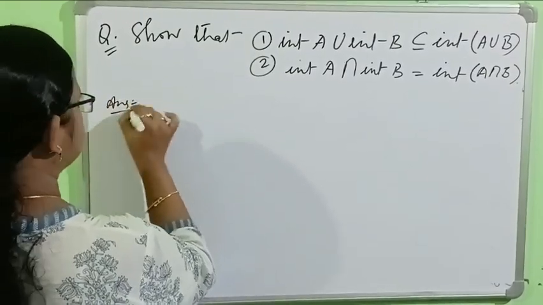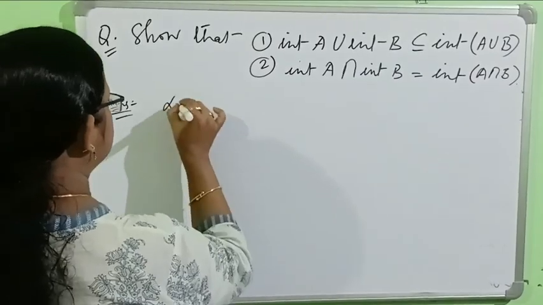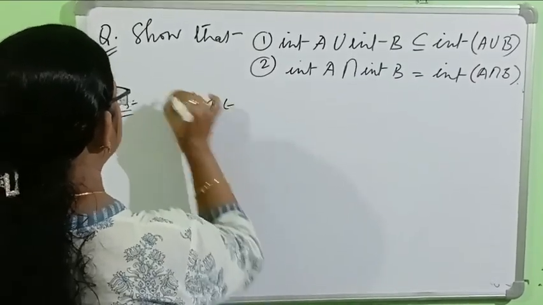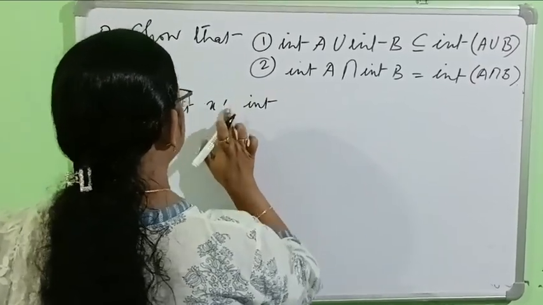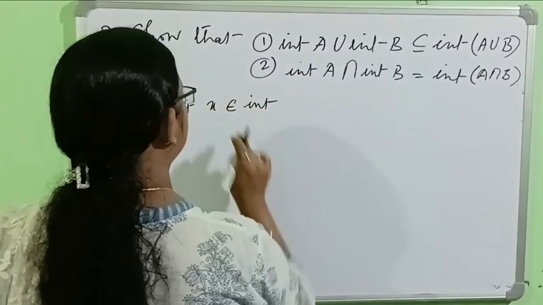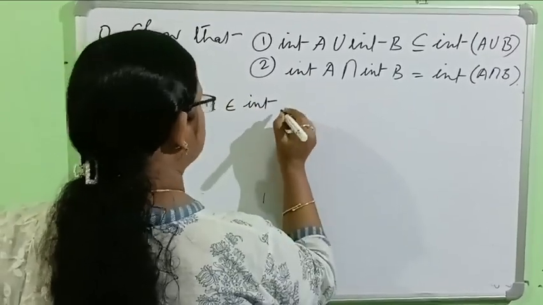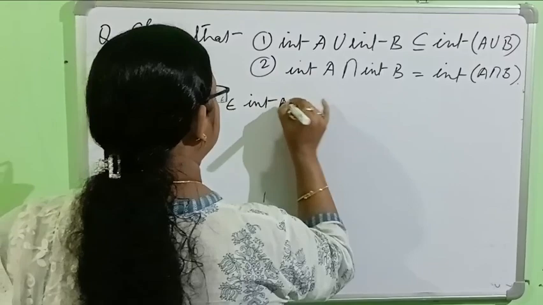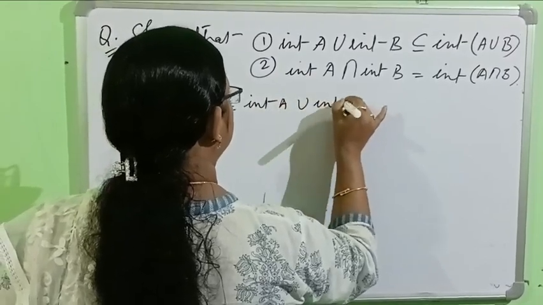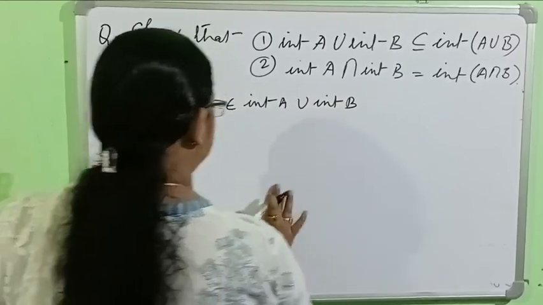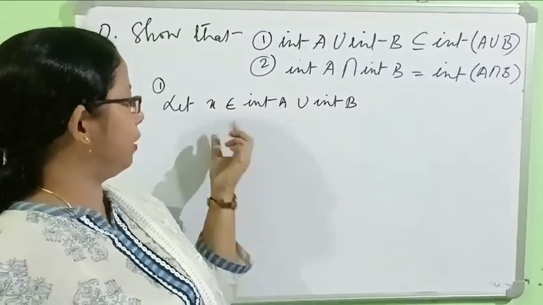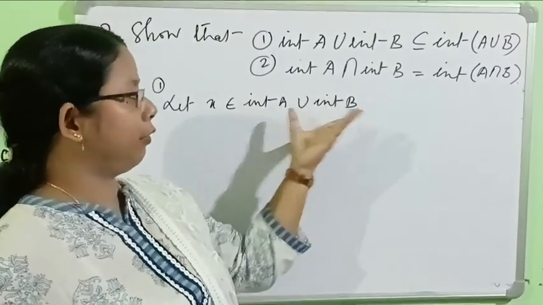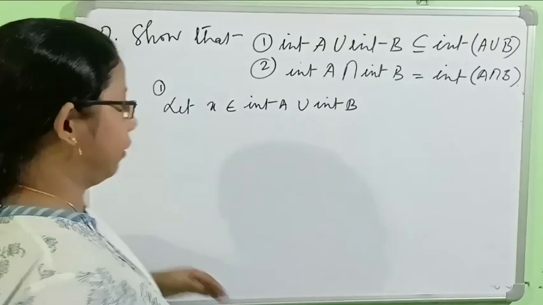Solution. First one: let x belong to interior of A union interior of B. If x belongs to interior of A union interior of B, that means x belongs to either of the interiors.